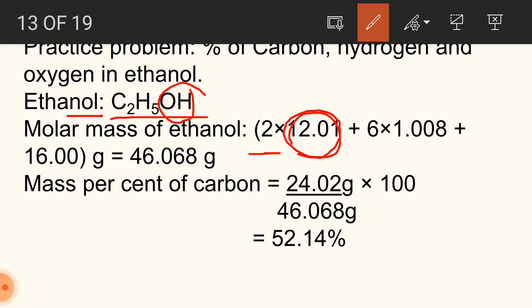There are altogether 6 hydrogen atoms, 5 and 1 from the alcoholic group. So 6 multiplied by the atomic mass of the hydrogen atom, which is 1.008, and only one oxygen atom. And we know that the mass of an oxygen atom is 16 grams. So if we solve this entire equation, we get the answer as 46.068 grams.